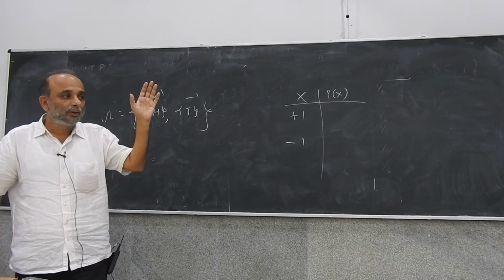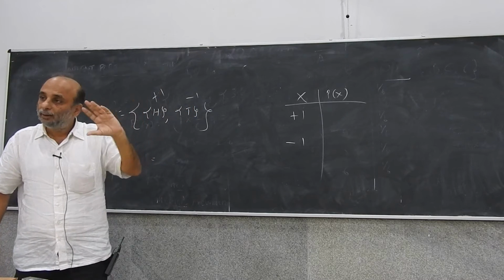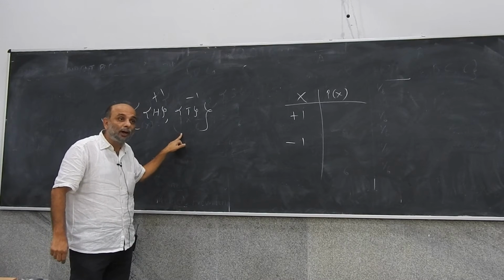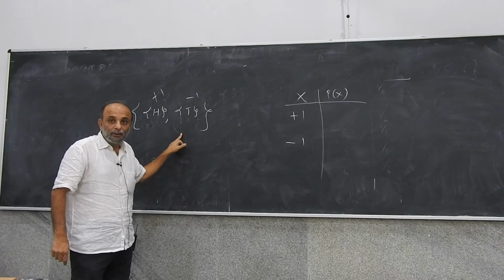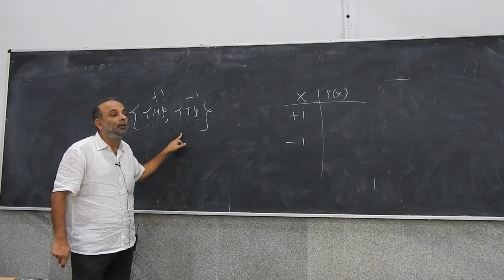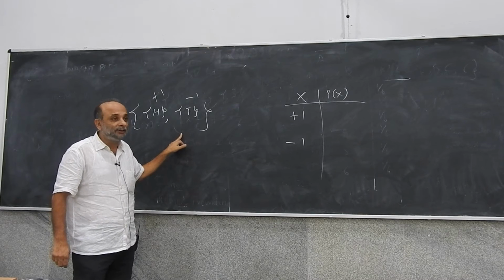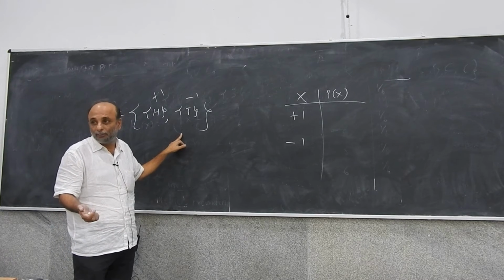1 upon 2. Why? Both are equally likely. Not only are there 2 outcomes, but both outcomes are equally likely. It's not just because there are 3 outcomes that each one has probability 1 by 3. India is now playing the West Indies. India might lose, India might win, or the match might be a draw.